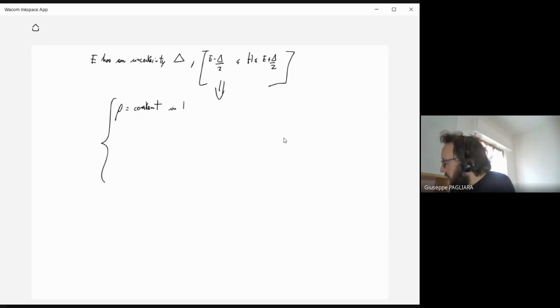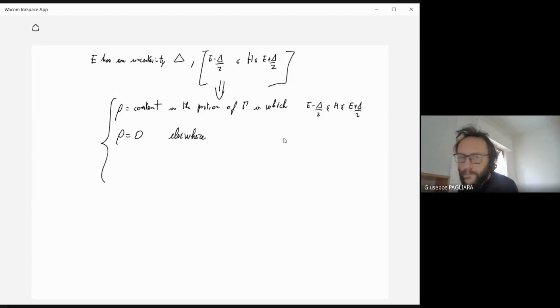In the region or in the portion of gamma determined by the condition E minus delta half less than H less than E plus delta half. And rho is 0 elsewhere.